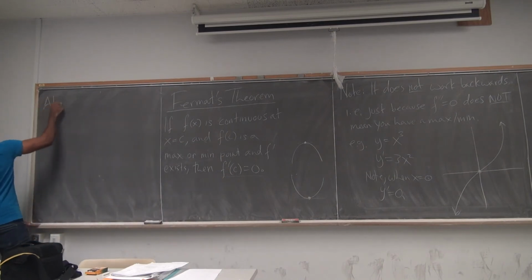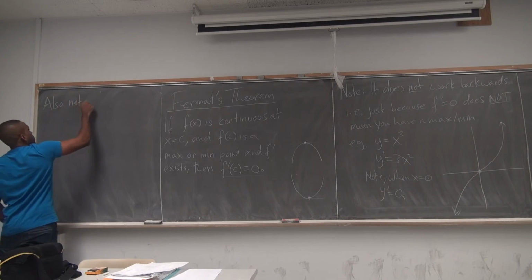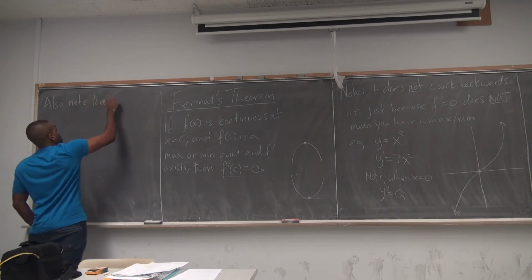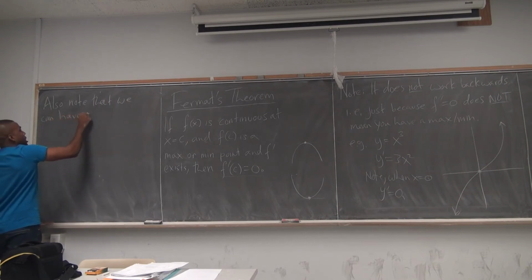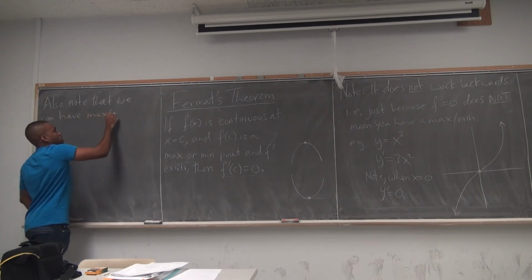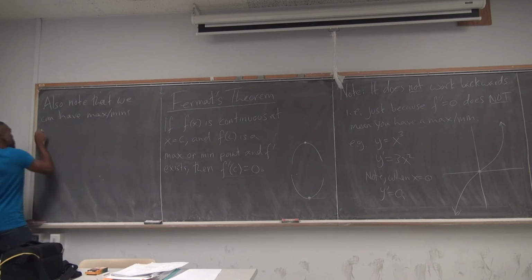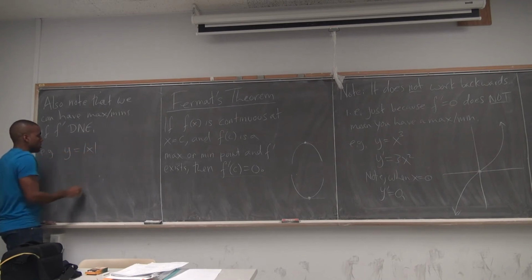Also, note that we can have maximums or minimums if f prime does not exist. So an example there would be y equals the absolute value of x.